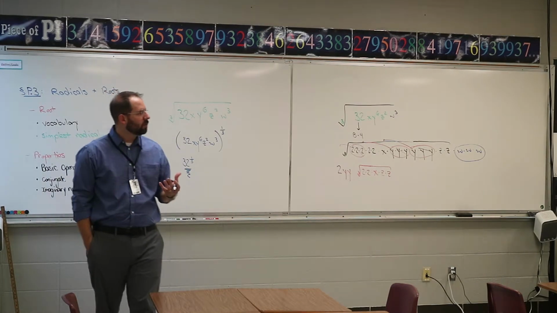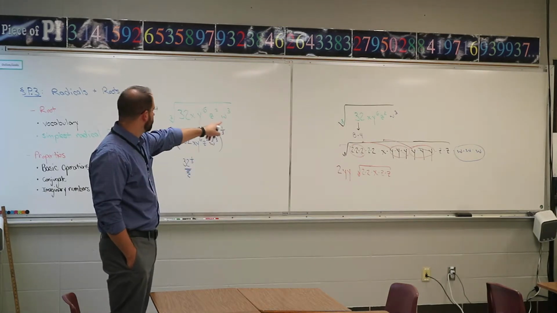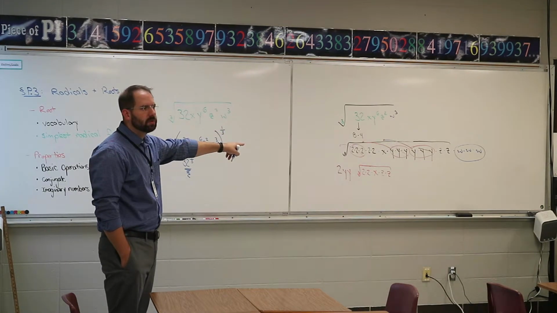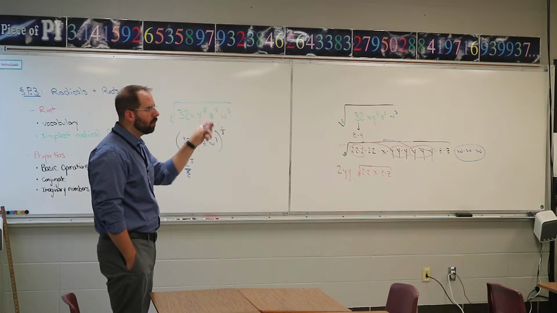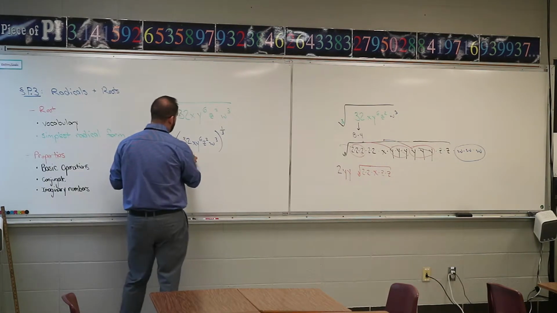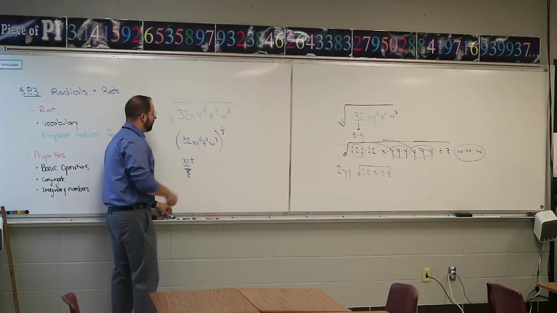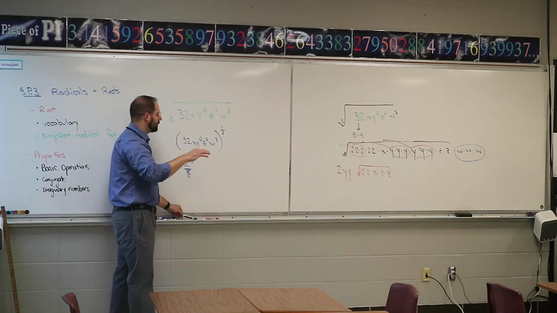I don't have a shortcut for doing that. So my way of doing 32, and I know it's a cube root, I would do it the old school way where you break it up into a bunch of 2's and kick some out, where you know it's a third root. So for numbers, this isn't the best way to do it. So like off to the side, I'd have to do this over there. But for the variables, it makes a ton of sense.